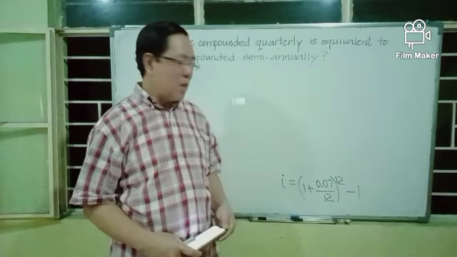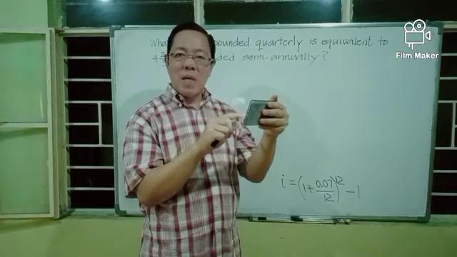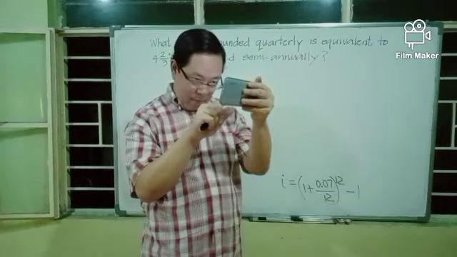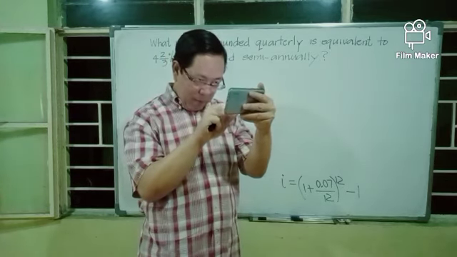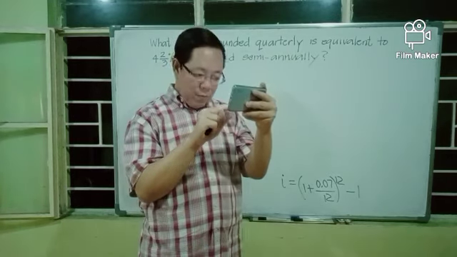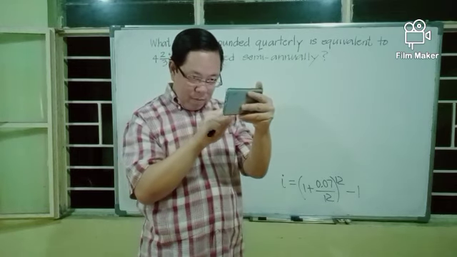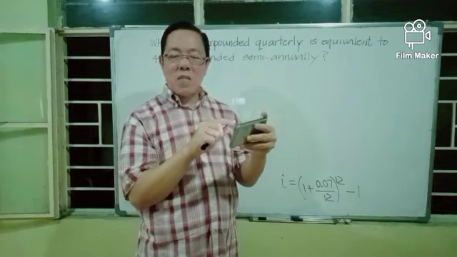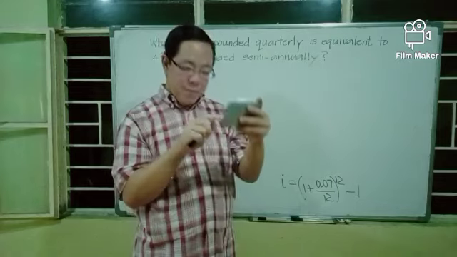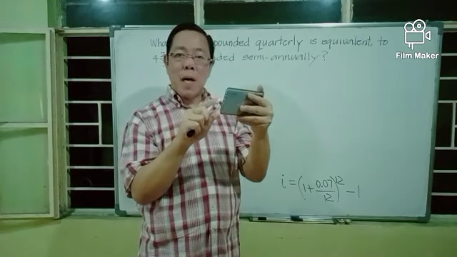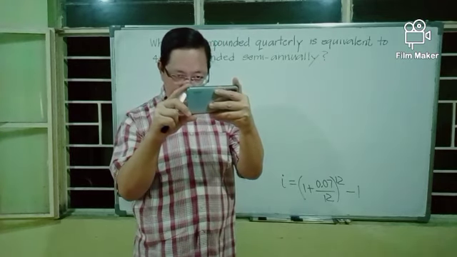We have quantity, open parenthesis, 1 plus 0.07 divided by 12, press close parenthesis, then press the exponent or power key, to the power 12, and minus 1. And you should get 0.07229.